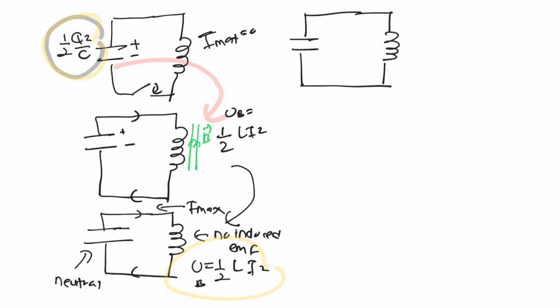Okay, so once the current is maximum and the capacitor starts to fully discharge, instantaneously it is going to change, where the capacitor starts to charge. So what happened is, before this your current flowed in this direction. Now, if this is the positive terminal and this is the negative terminal, it means that the electron flow is going to leave the bottom plate and then accumulate at the upper plate.